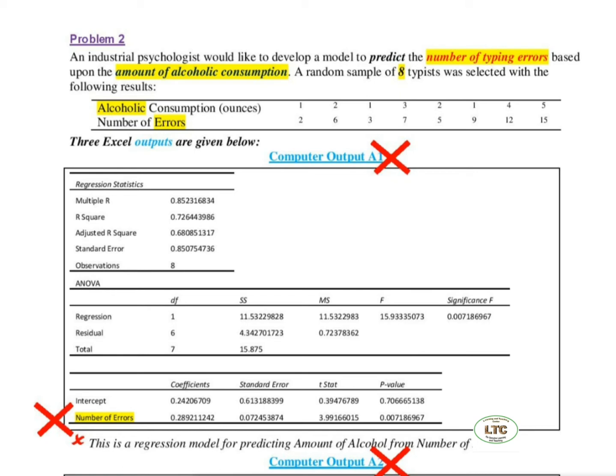An industrial psychologist would like to develop a model to predict number of typing errors y based upon using amount of alcoholic consumption x.